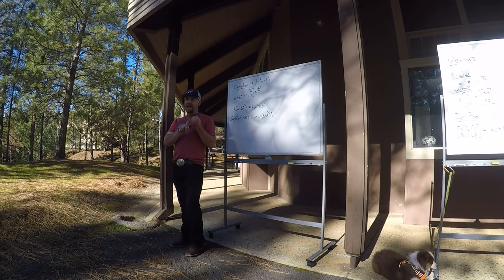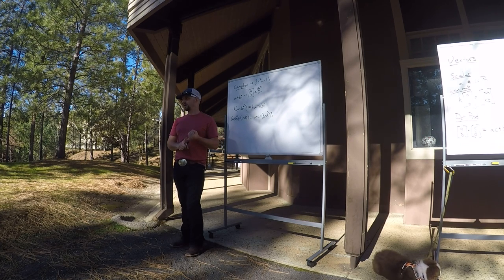So you can add vectors, right? You can scalar multiply. When you take a scalar and a vector, scalar multiply, you get a vector. When you take two vectors and add them, you get a new vector. When you take two vectors and dot product them, you get a scalar.